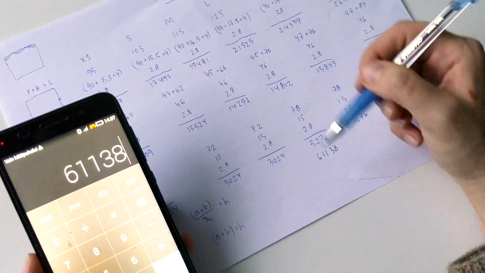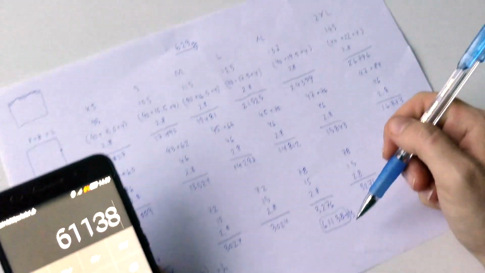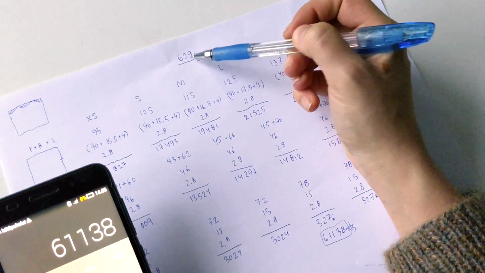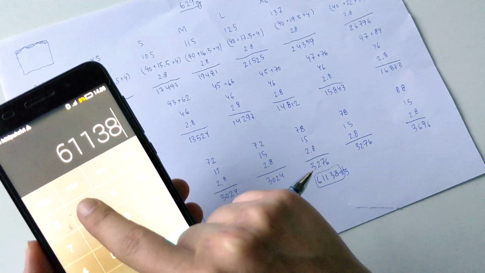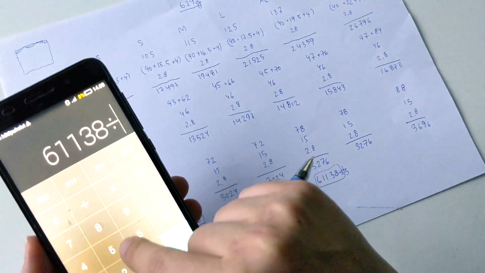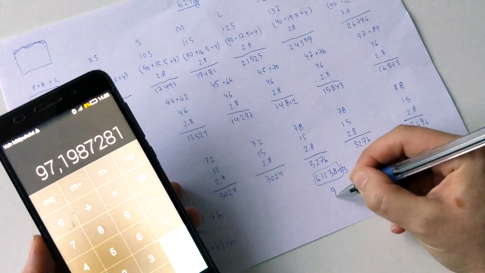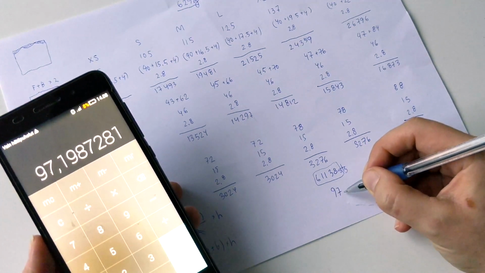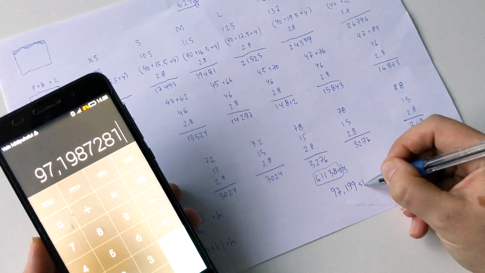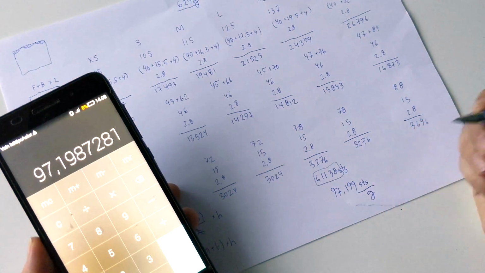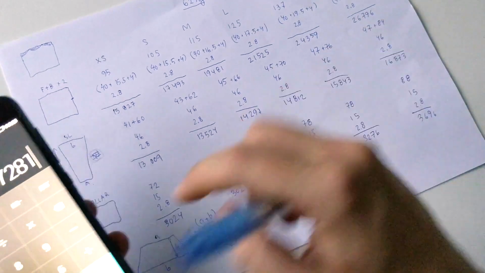And now we know that this is the number of stitches, and we had the weight of the pullover over here. So if I divide this by 629 grams, I will end up with 97.199 stitches per 1 gram of yarn. And I'll calculate the size M.